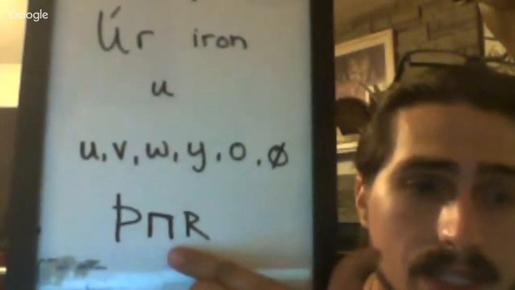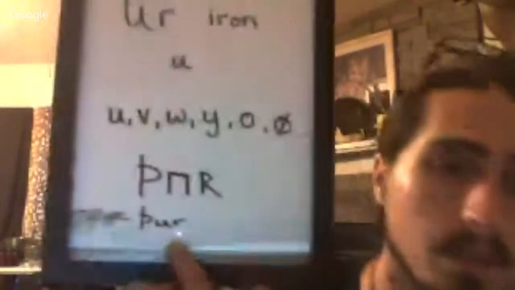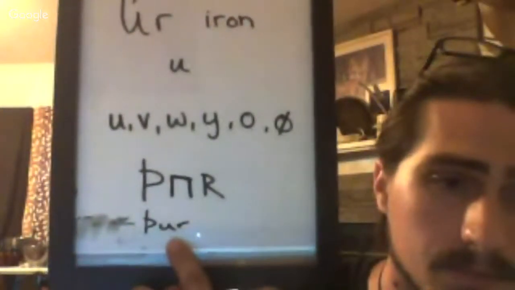So you can see that even though this would be transliterated as Thur, we know from context clues in the inscription or just from our Old Norse knowledge that that word would be Thor.